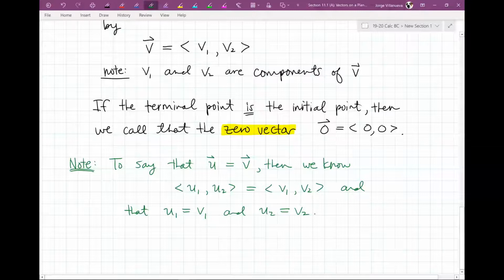Because if 2 vectors are equal to each other, then their components must be equal, because they have to have the same magnitude, they must have the same direction. So if you ever see that they say this vector is equal to this vector, then you can assume that their components are the same.